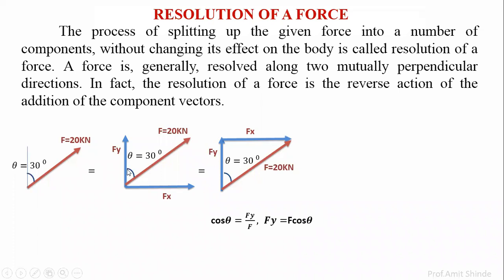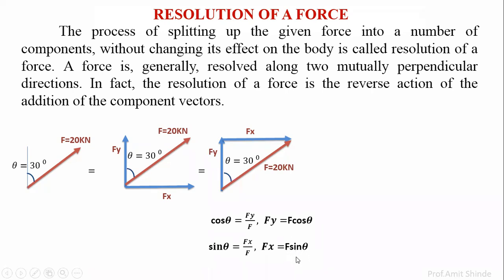Due to the angle theta with the vertical axis, the cos component arises to the vertical. Previously, this cos component was for Fx. Right now it is for Fy. Now similarly, sin theta is equal to opposite side upon hypotenuse. Opposite side is Fx upon F. Now from this, Fx is equal to F sin theta.